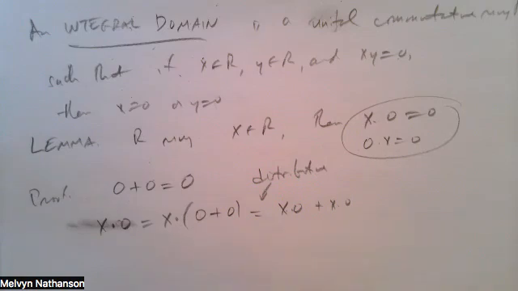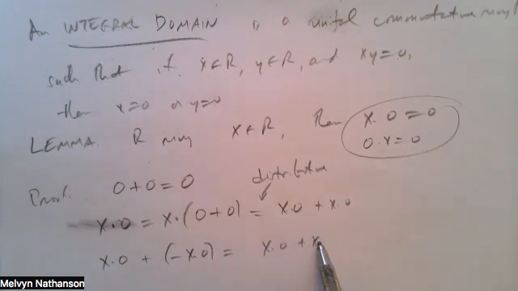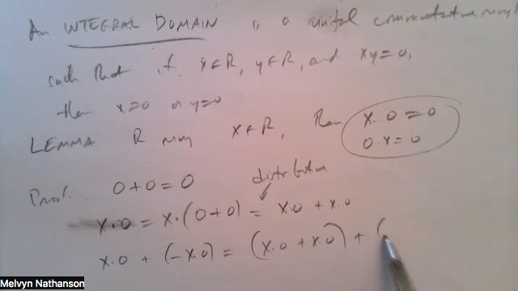I don't know what x times 0 is, but every element in the ring has an additive inverse. So let me add to both sides minus x times 0. That's x times 0 plus x times 0 plus minus x times 0.